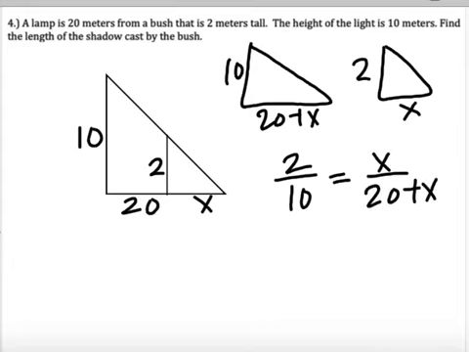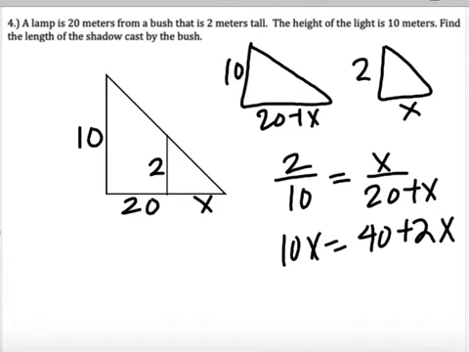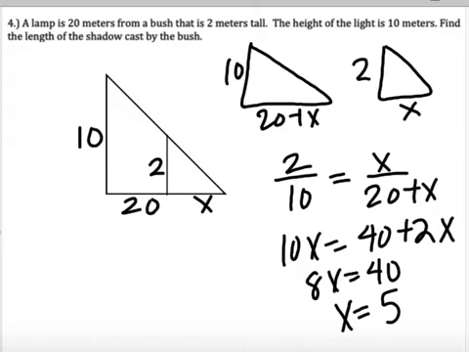Setting cross products equal to each other, 10x equals 40 plus 2x. In this case, you'd subtract 2x from both sides. And this one is x equals 5. Okay, so the length of the shadow by the bush is 5 meters long.